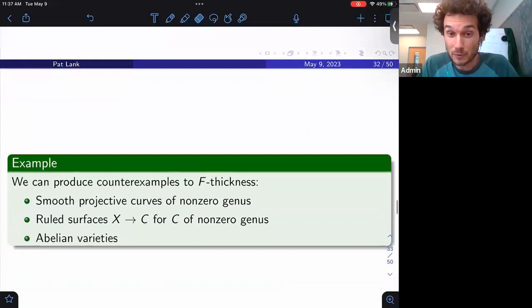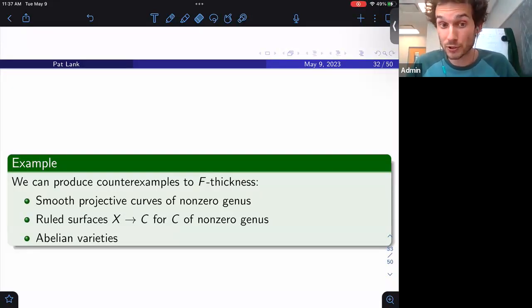So we have some counterexamples to F-thickness, which is nice because if you have a definition for something, you would hope that that definition doesn't apply to everything, right? So some counterexamples to F-thickness are smooth projective curves of non-zero genus, ruled surfaces over such curves, and abelian varieties. So these give us some nice concrete examples of varieties that are not F-thick. So the next question is, all right, cool.